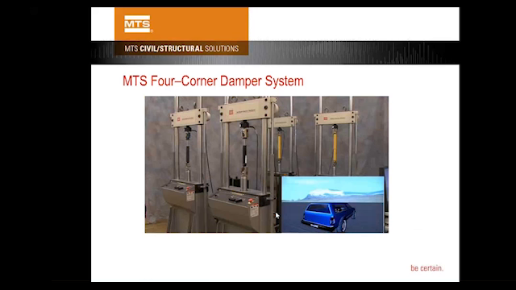Another trend is that the hybrid simulation method is used in other industries, like ground vehicles. About 5-6 years ago, hybrid simulation technology began to be used in ground vehicles.